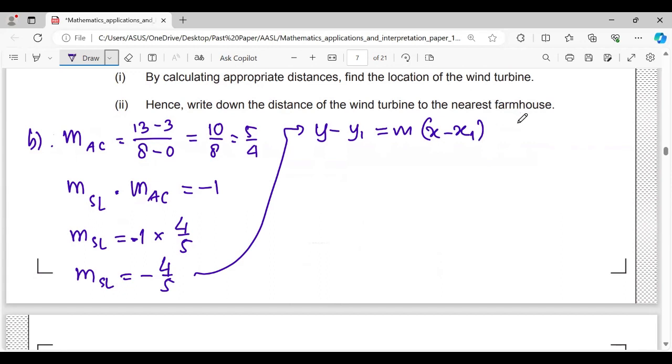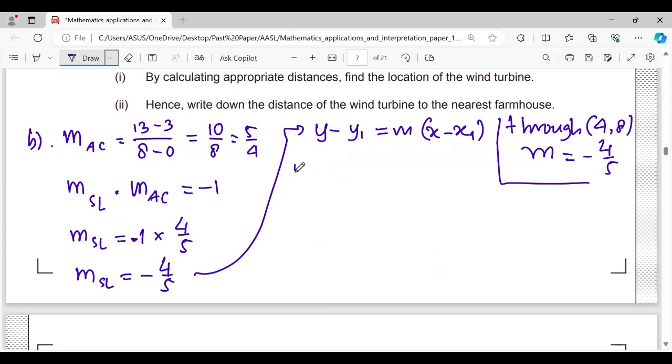It's through (4, 8), and m equals minus 4/5. So it becomes y minus 8 equals minus 4/5 times x minus 4.